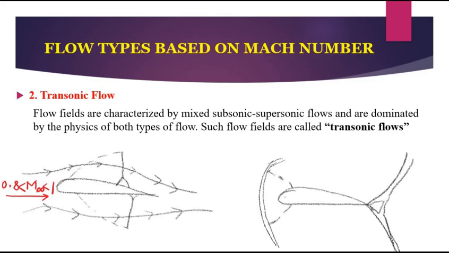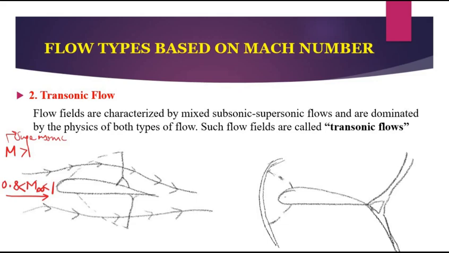If the Mach number is approaching 1 and then eventually it becomes greater than 1, then I can call that flow as supersonic, which we are going to discuss after this. So eventually, if the Mach number is becoming greater than 1, I will call that as supersonic.